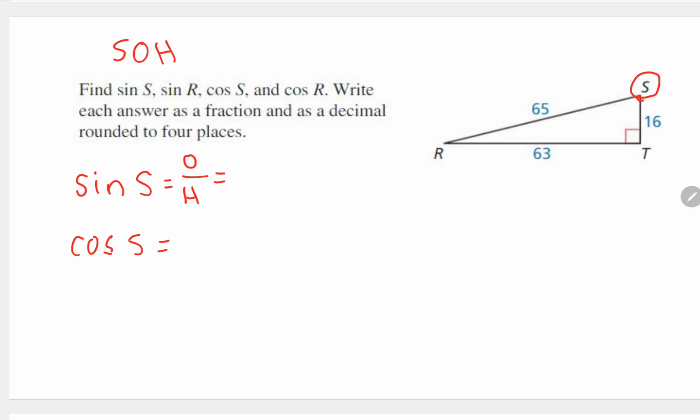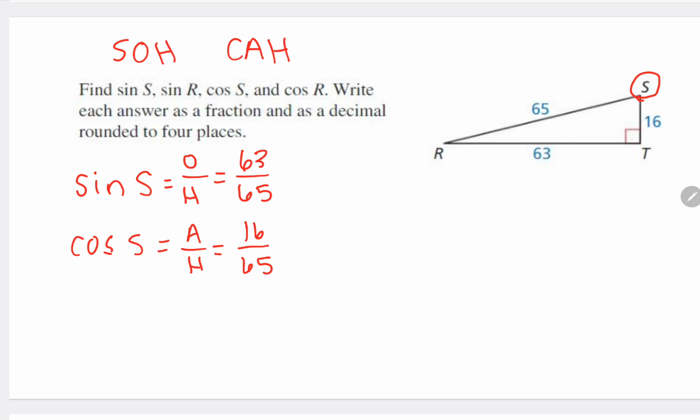So opposite of S is 63. The hypotenuse is 65. Cosine, so toa, cosine is adjacent over hypotenuse. So adjacent to S is 16. Hypotenuse is 65. So there's my sine of S and cosine of S.